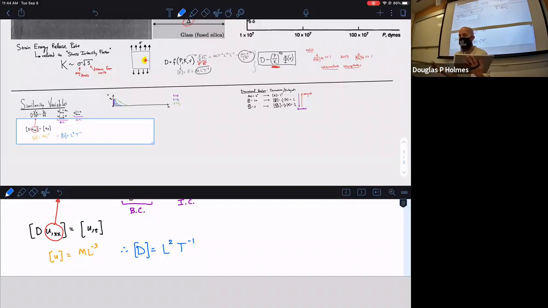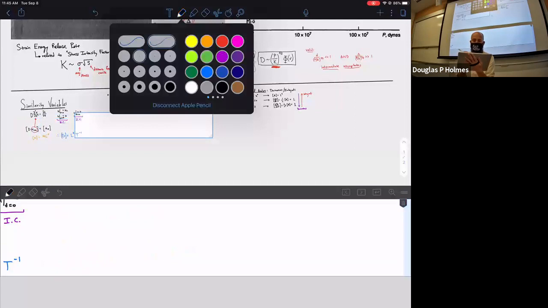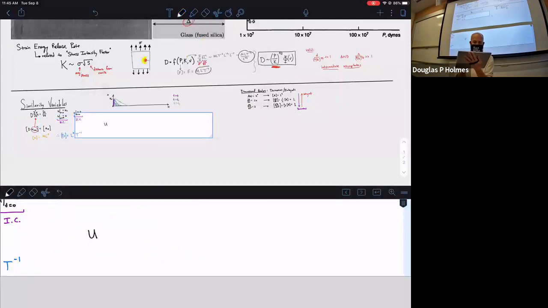Okay, so what are we going to do? We have a few variables. We have two independent variables, x and t. We have one parameter that appears in our initial conditions, that's U naught. And we have one parameter that scales the spatial derivatives, our diffusion coefficient. Mathematically, what we're interested in is how U is a function of all these parameters: a function of x, t, the diffusion coefficient, and U naught.